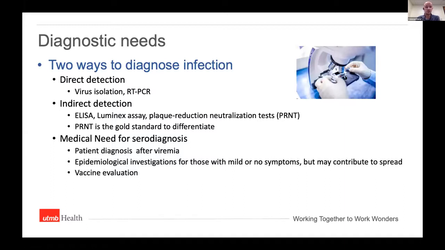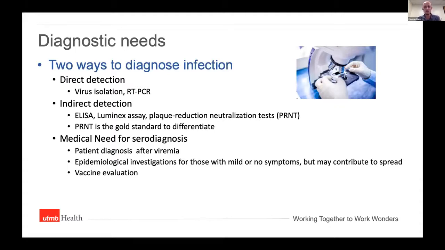There's a big need for these types of tests, either diagnosing people if they're past that viremic window, for epidemiological investigations where people are asymptomatic or have very mild symptoms, which is a big case for a lot of flavivirus infections. And then definitely if you're evaluating a vaccine, the neutralizing titer is needed to be known for that evaluation.